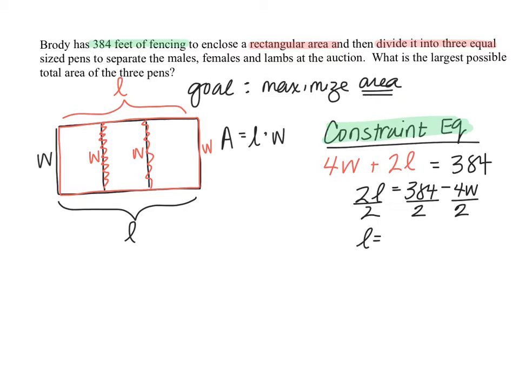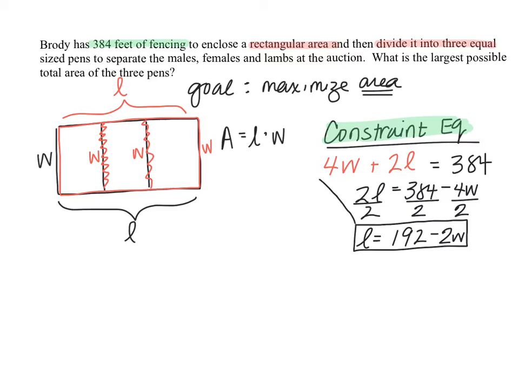So L is going to equal 192 minus 2W. And I always like to make sure I box this equation because this is a good relationship between the length and the width in this problem.